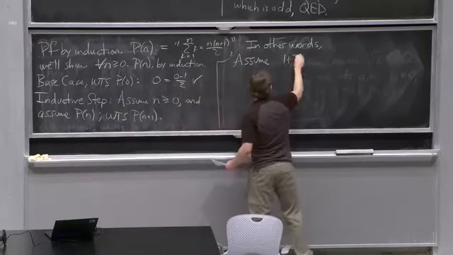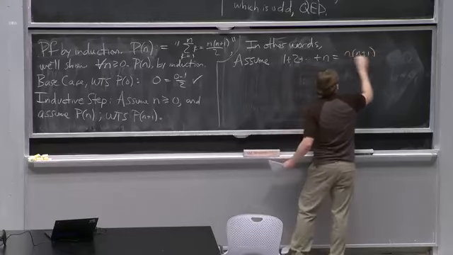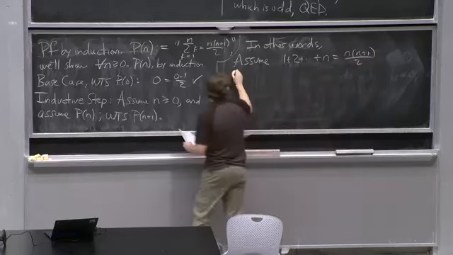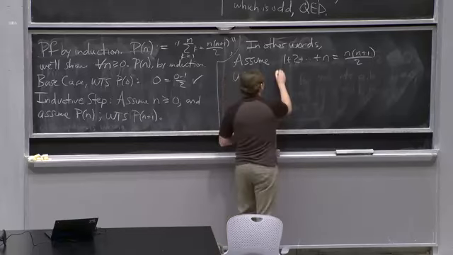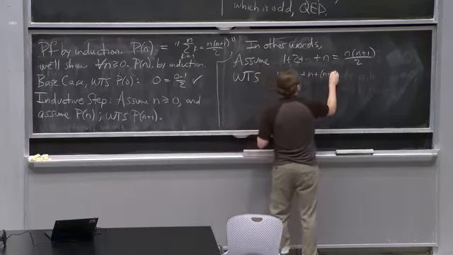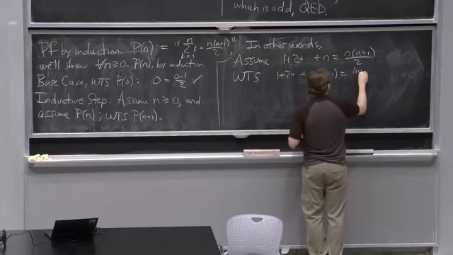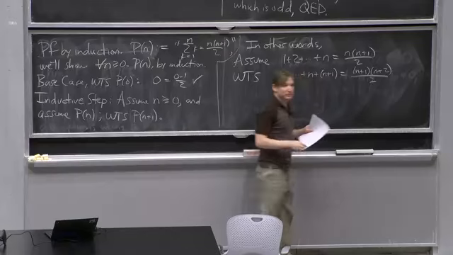So assume 1 plus 2 plus up to n equals n times n plus 1 over 2. And we want to show Pn plus 1, which says that the next row equals n plus 1 times n plus 2 over 2.